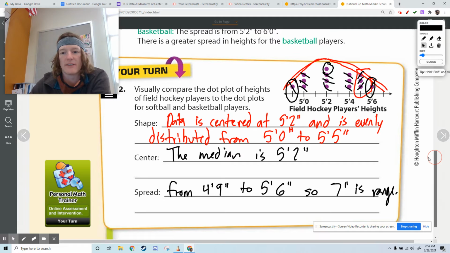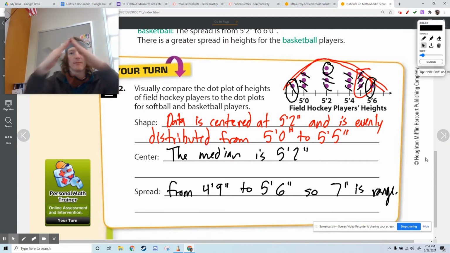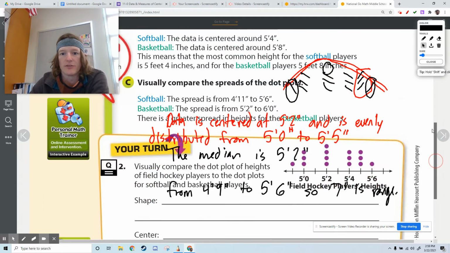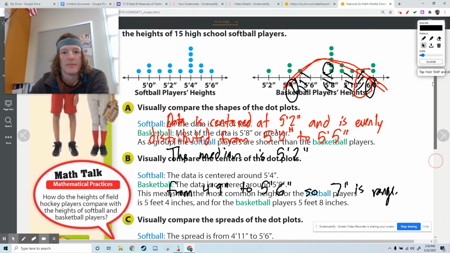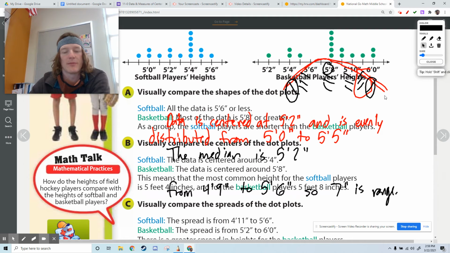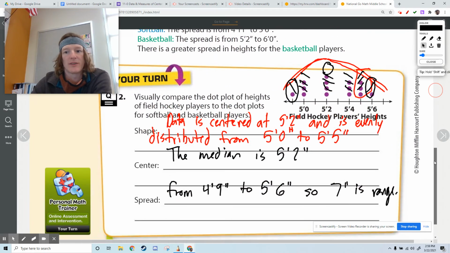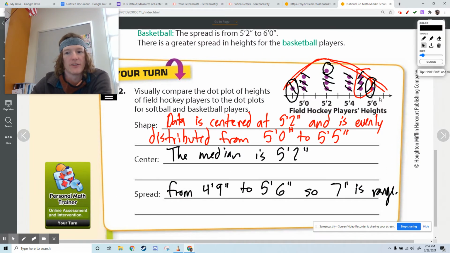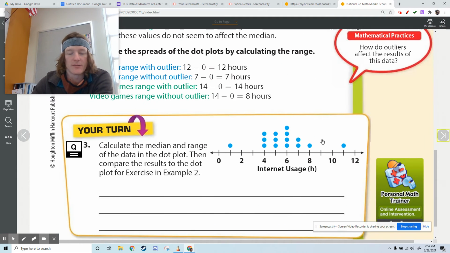And our data was centered at 5'2" and kind of came up to a peak at 5'2". But notice in softball and basketball, we had a very clear peak, one at 5'4", one at 5'8". So most of this wasn't as evenly spread out as our field hockey players were. All right, next page here.